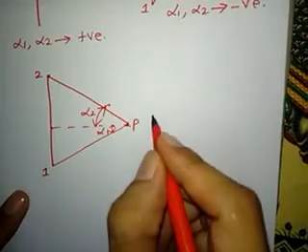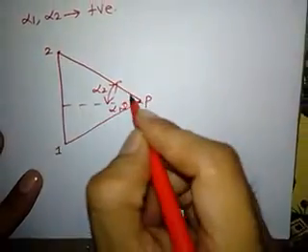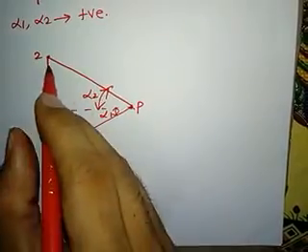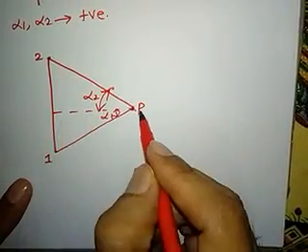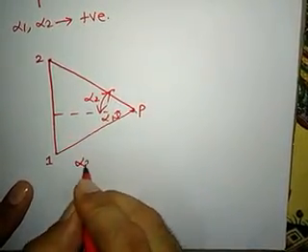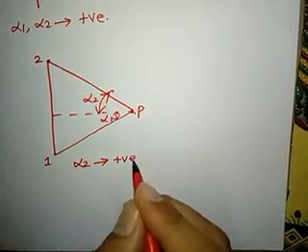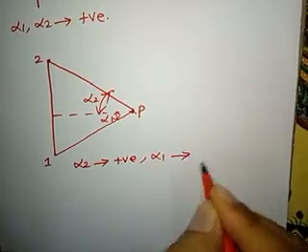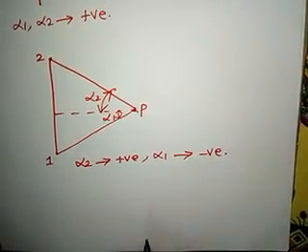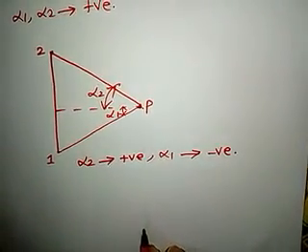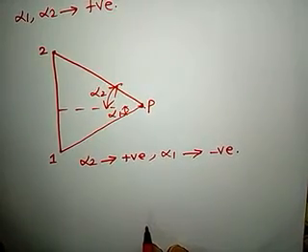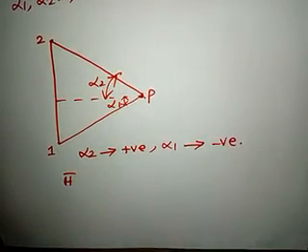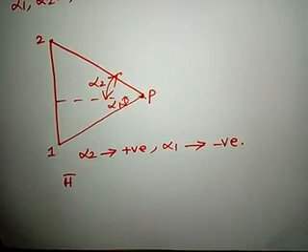So here alpha 2 is positive because end 2 is above the point P, and alpha 1 is negative. So this is the sign convention that we have to understand in order to obtain H bar, that is the magnetic field intensity caused by the current filaments.